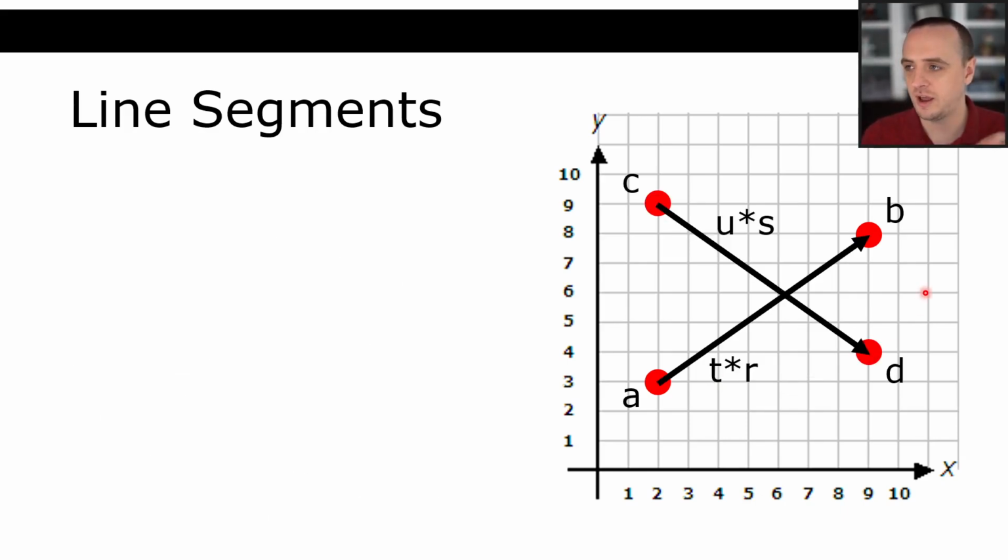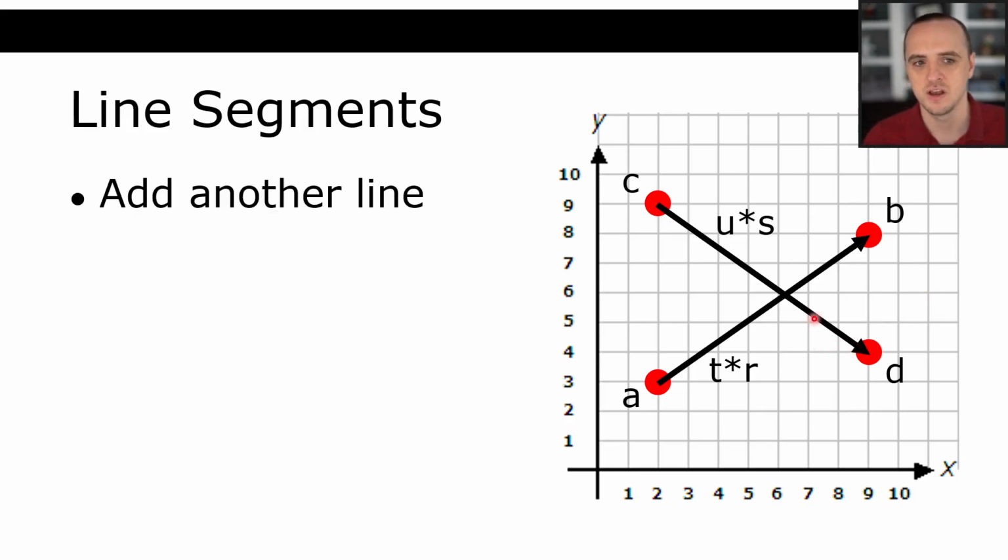So, line segments. Let's add another line, because we're going to be talking about line segment intersection, and we have to have 2 lines in order for that to happen. Currently we've been talking about A and B, where R is the vector between them, and T is the scalar for R. We're going to have a lot of letters, but they're going to be consistent, so it shouldn't be too bad.